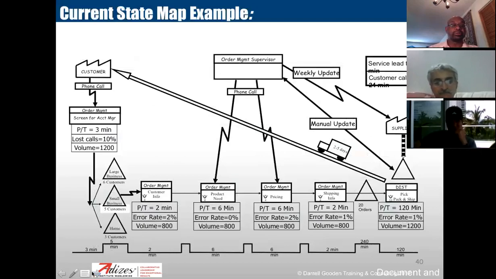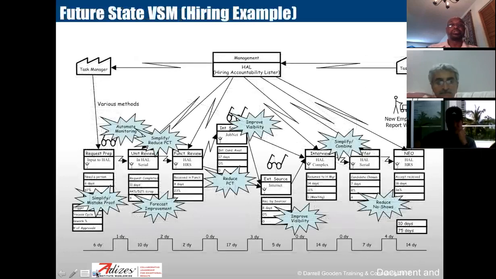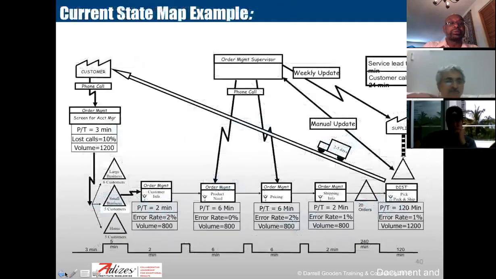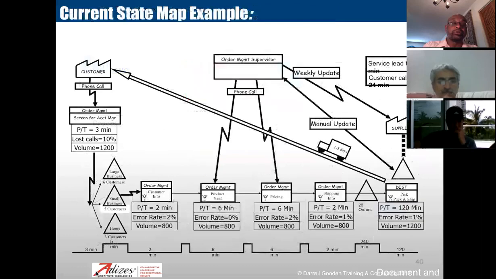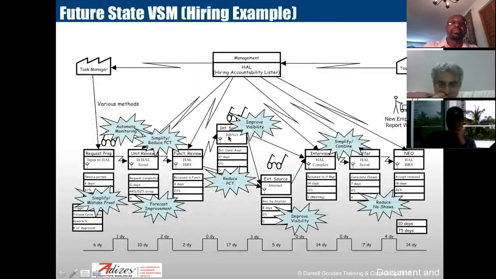And then I picked a future state map, which is a hiring accountability lister. What I didn't do, which was my bad, I picked an order management supervisor current state map, and I could have picked the future state map of the same thing, but I picked a different one.